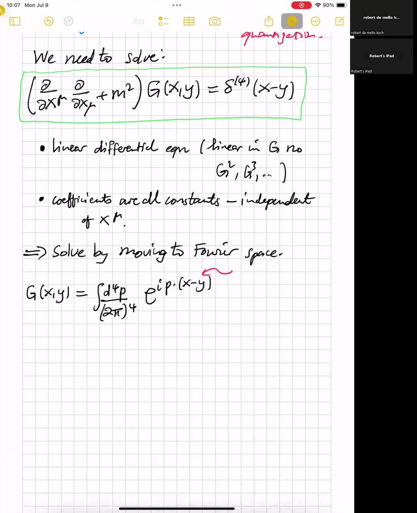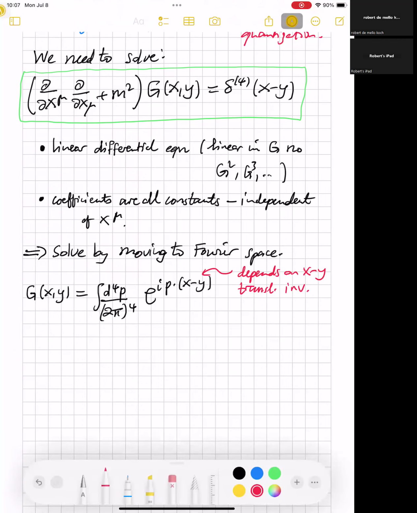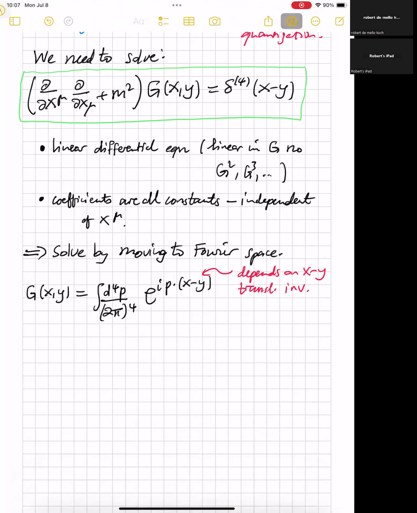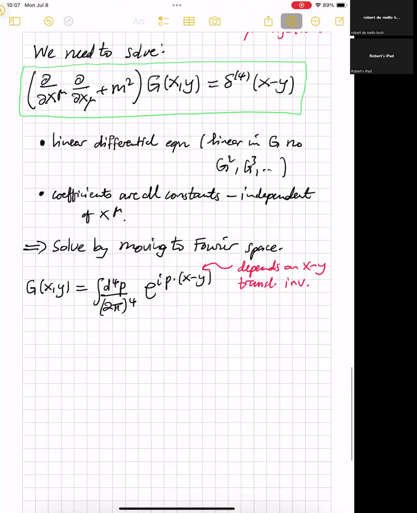I have put in something that depends on x minus y and not x and y independently. So what I'm using here is translational invariance. I told you that was going to be important, and this is the step where it's important. It's important when we write down this Fourier representation for g of x comma y.